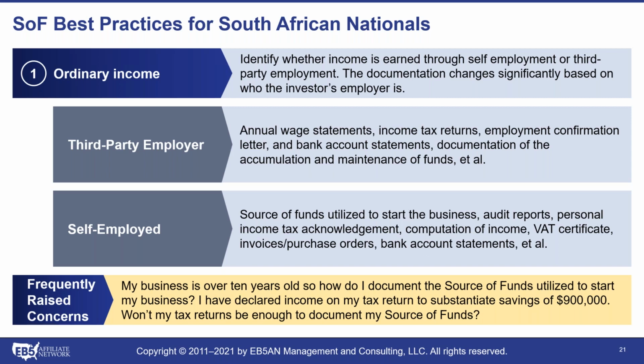And then there's going to be two levels. They're not only going to want to see the investor's tax statements and bank statements showing the funds coming into their account and leaving their account. They're also going to want to see the same for the trust, which is a separate legal entity from the investor.